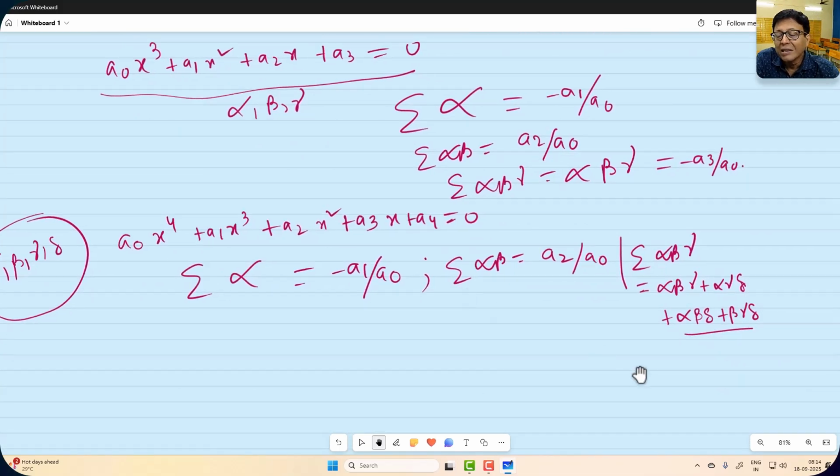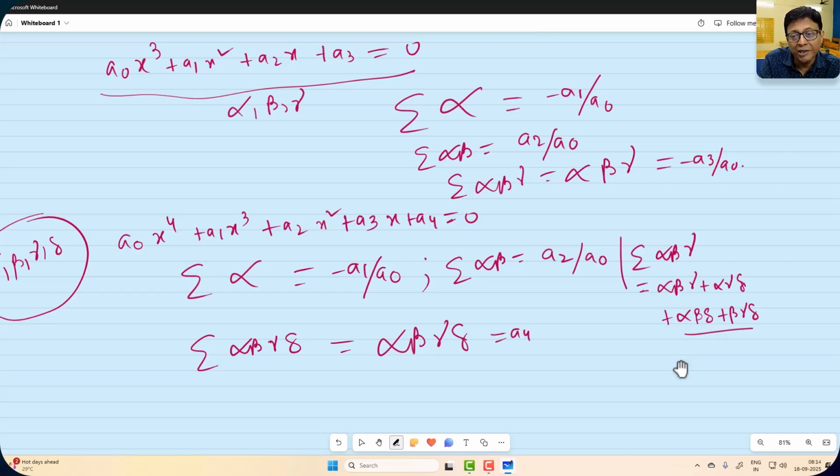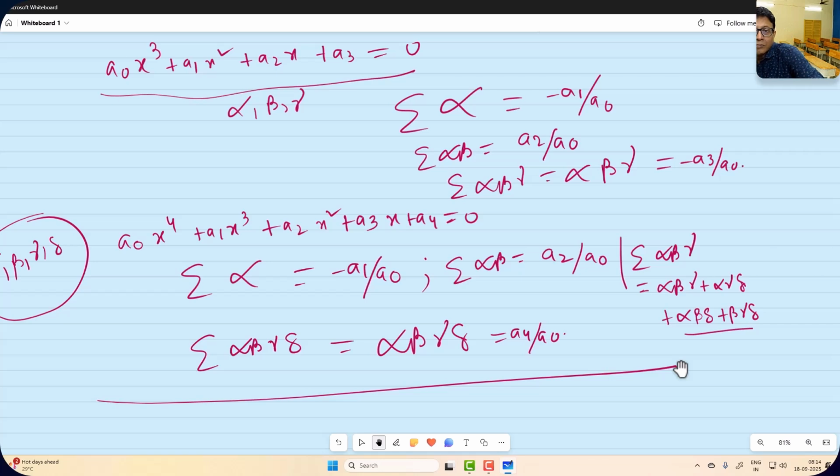We can write sigma alpha beta gamma in this manner. And what about sigma alpha beta gamma delta? It will have only one term, that is alpha beta gamma delta itself. This is going to be a4 by a0. Okay? Now let us solve some sums based on it.